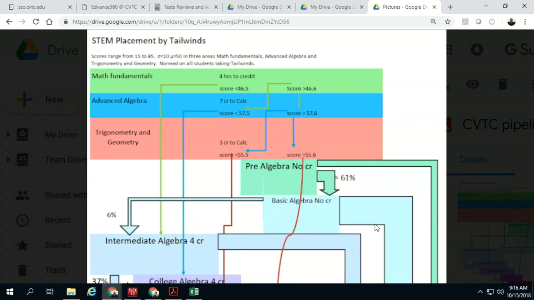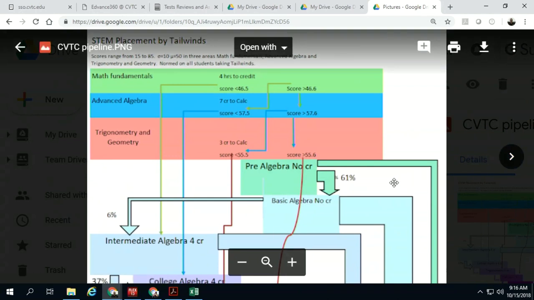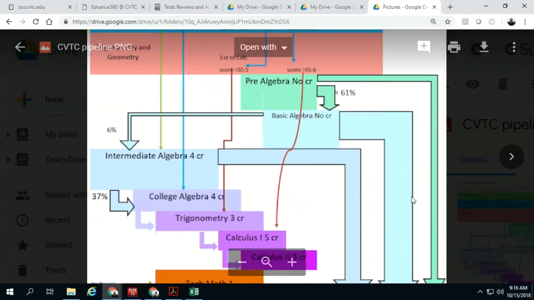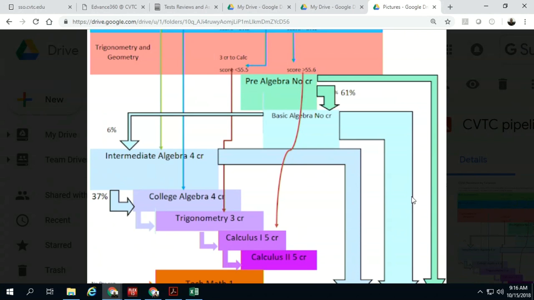But the thing that I'd like to show you is, did anybody get into this class by taking pre-algebra or basic algebra or intermediate algebra? This is intermediate algebra. So basic algebra or elementary algebra? Anybody get into this by taking one of those? Okay, so you came straight from high school into this class? So you're at this spot right here.